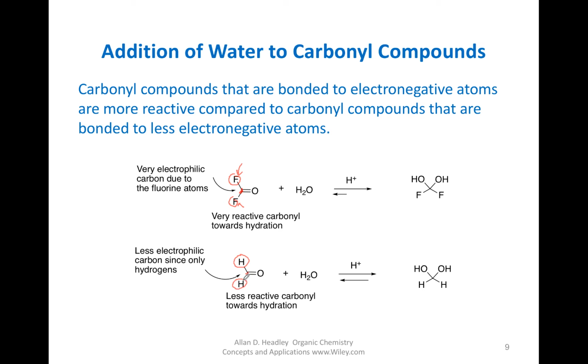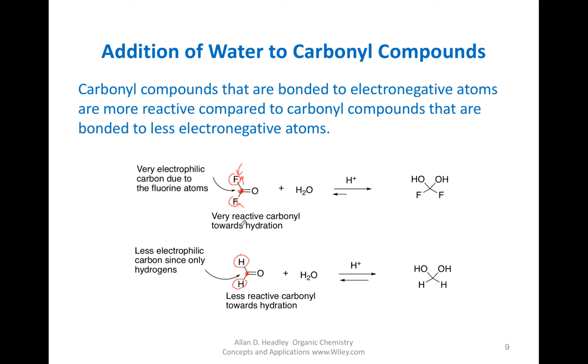So which is more reactive? As you can imagine, the fluorine being electronegative, it's pulling the electrons towards itself. By definition, electronegativity means the attraction of electrons towards that atom. So this carbon here, as you can imagine, would be very, very electropositive compared, of course, to this carbon.